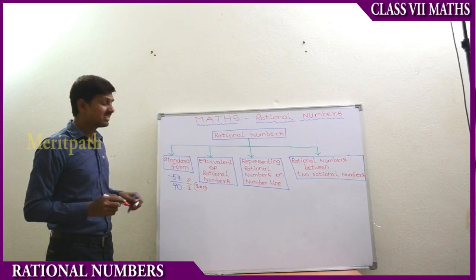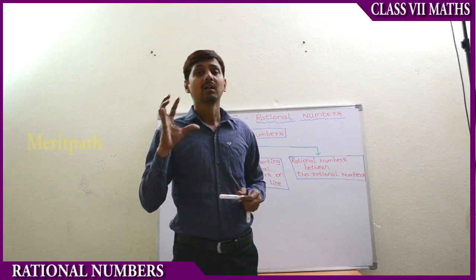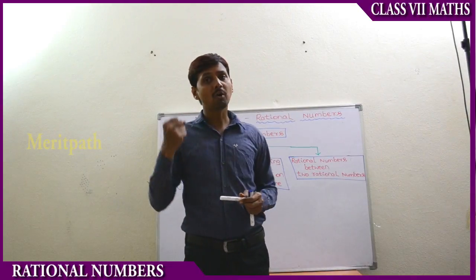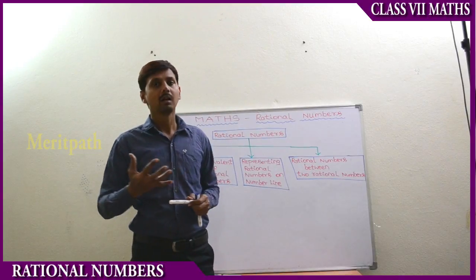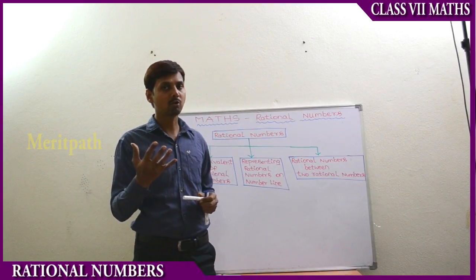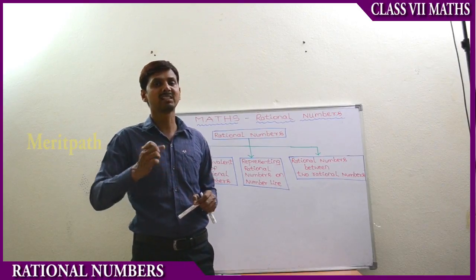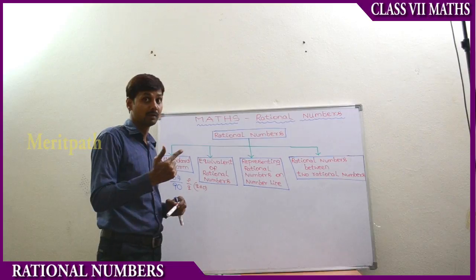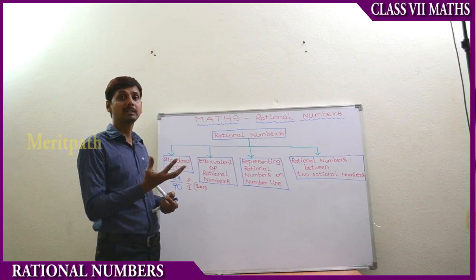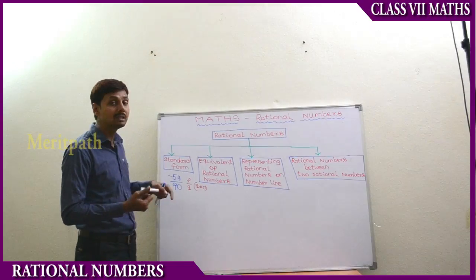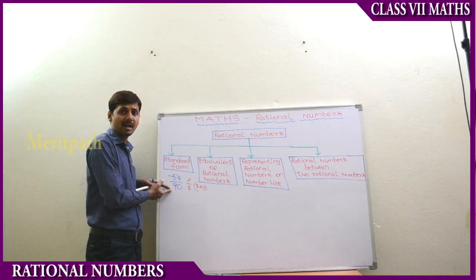Standard form means the numerator and denominator should not have any common factor or common multiple. It should be in simplified form. If there is a negative sign in the denominator, we need to take it to the numerator, so the denominator does not have a negative part.